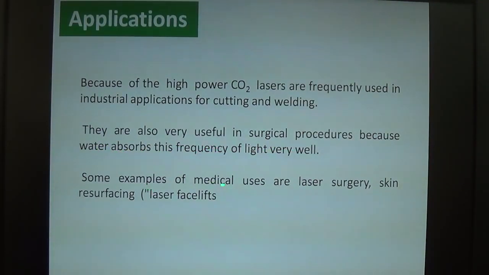Some examples of medical uses are laser surgery and skin resurfacing, that is sometimes known as laser facelifts. So this is the most widely used laser among all other lasers.